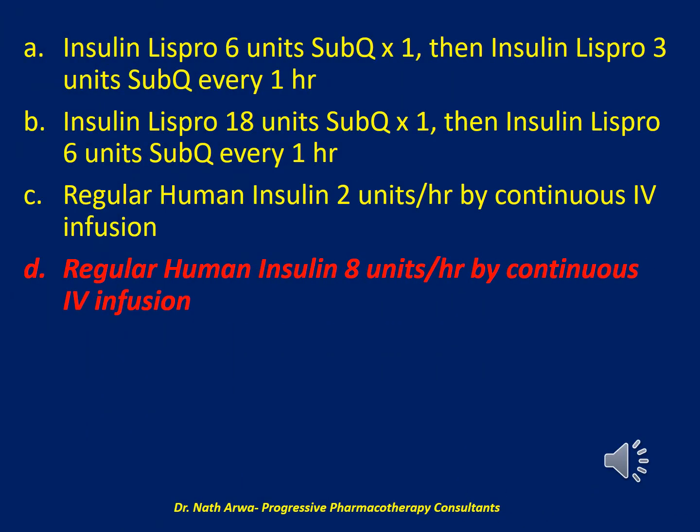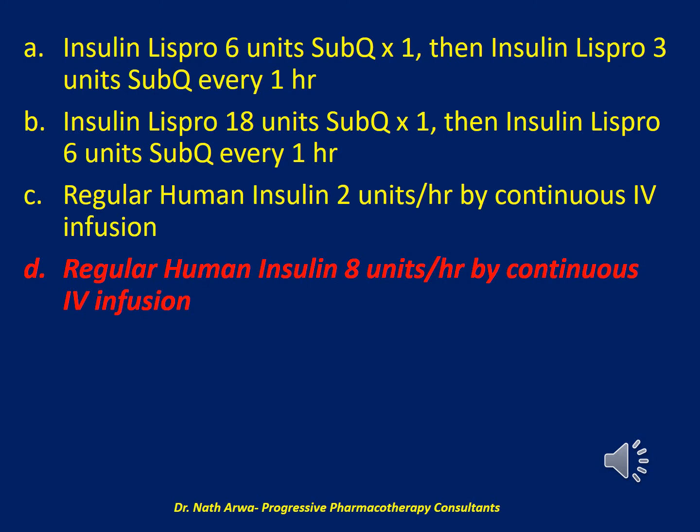And the correct answer is D. Regular human insulin 8 units per hour by continuous IV infusion. Based on recommendations from the American Diabetes Association consensus statement regarding hyperglycemic crises in adult patients with diabetes, regular human insulin 0.14 units per kilogram per hour by continuous IV infusion can be initiated if an IV bolus is not provided for a patient with diabetic ketoacidosis.